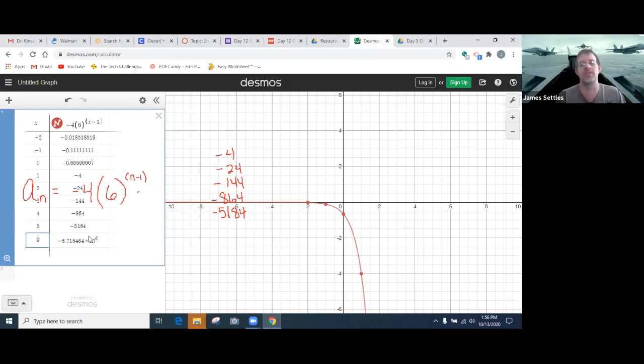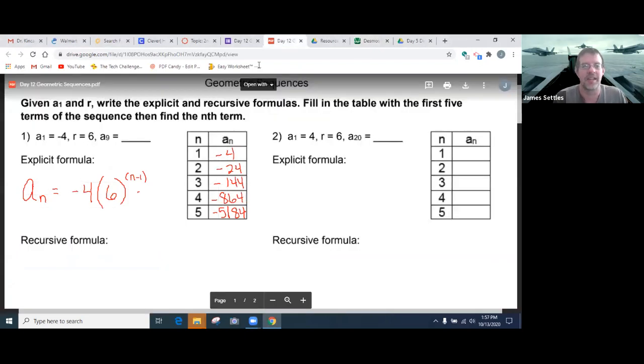And the number is so big, it had to write it in scientific notation. The good news is on your test, they won't give you a number this big, I don't think. So this is going to be negative 6.7 times 10 to the 6. I don't know if y'all remember scientific notation, but that means we would take this dot and move it 6 times.